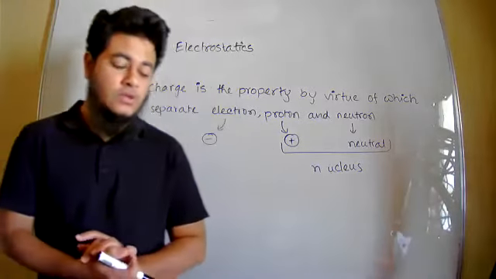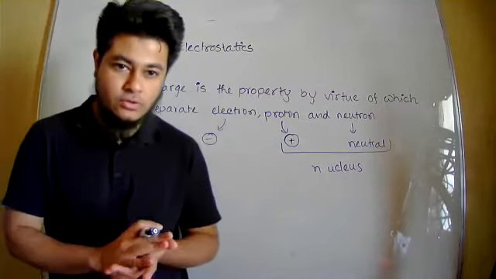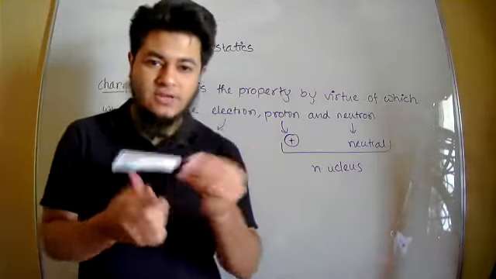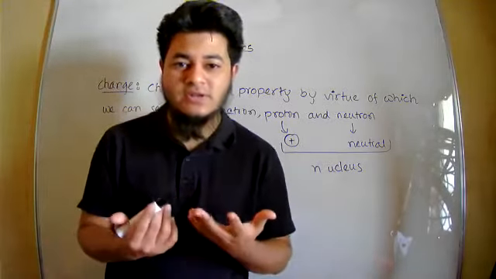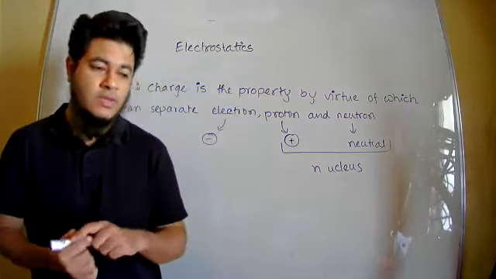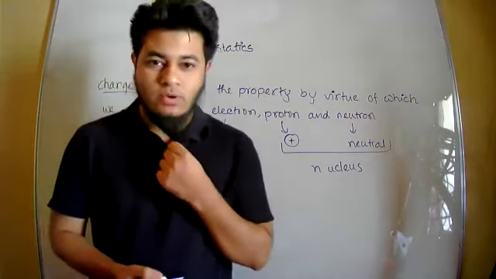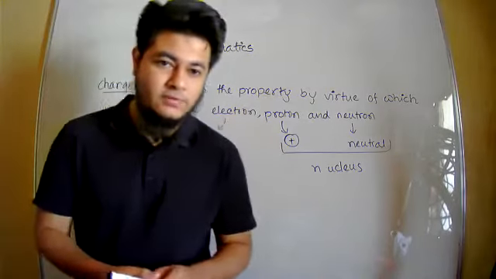Now if we are talking about whether a body is charged or not, let us say I have this marker. Now I want to know whether this marker is charged or not. When will I say that this marker is charged, and when will I say that no, this marker is not charged, it is neutral? In a particular body, generally there is an equal number of electron and proton, right?